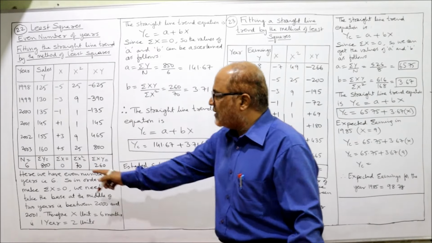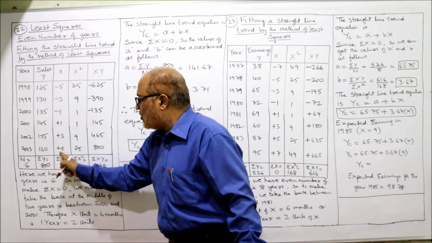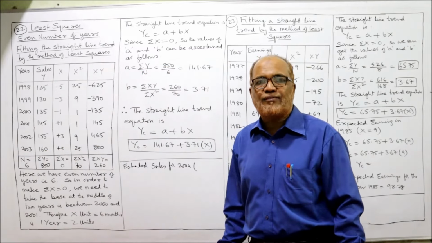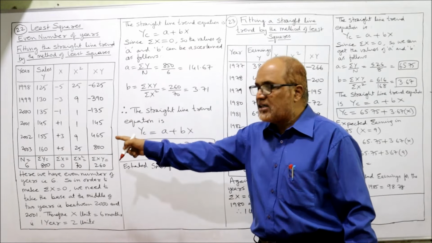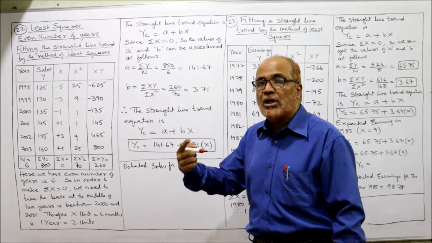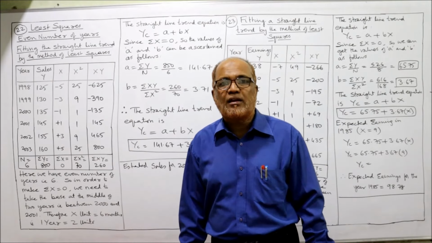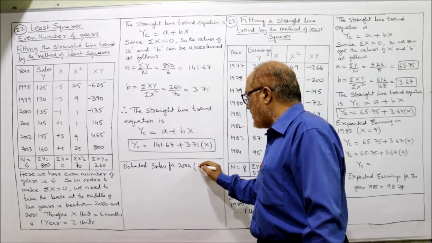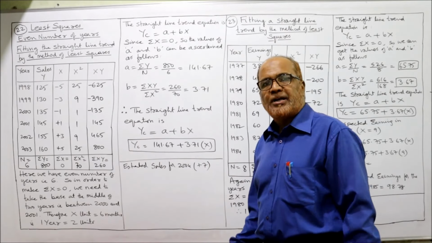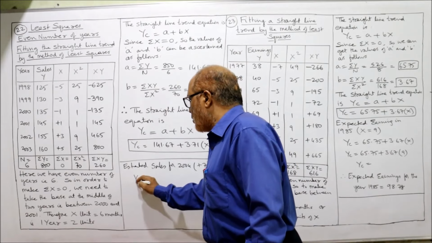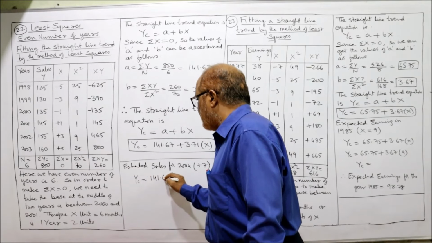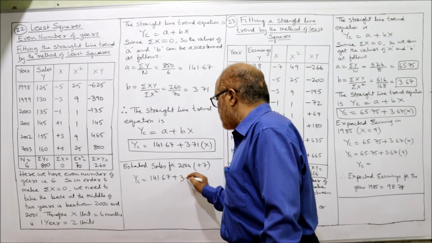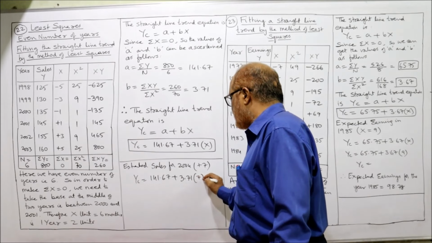For 2003, what is the value of x here? Plus 5. For 2003, it is plus 5. So for 2004, it is plus 7. Right? Now we substitute the values. yc is equal to 141.67 plus 3.71 into 7.